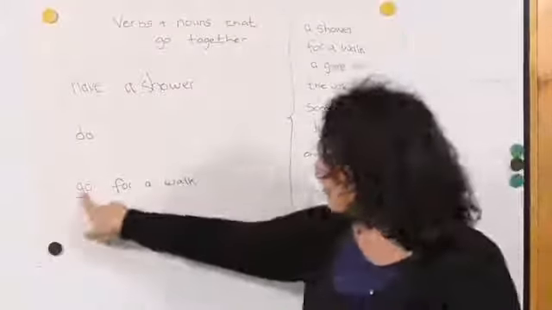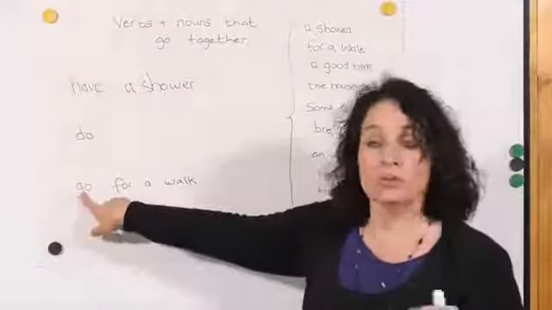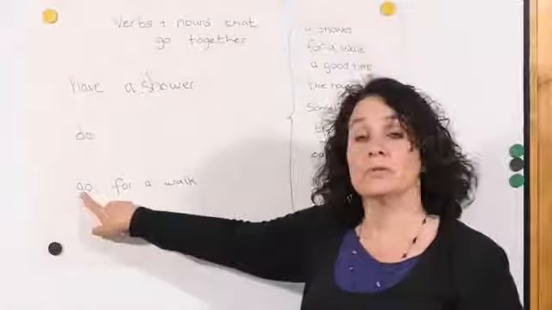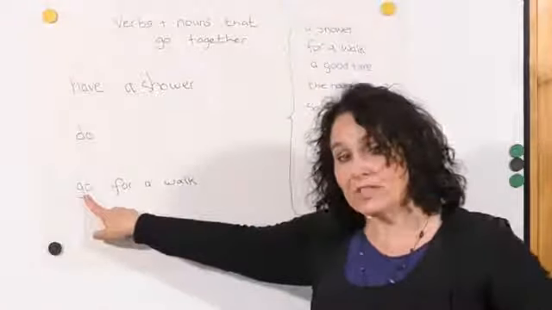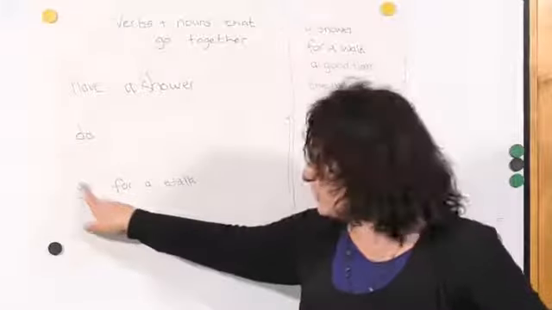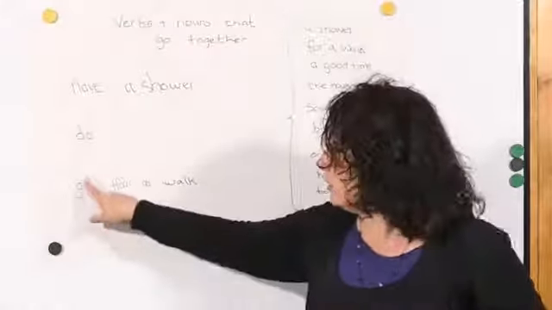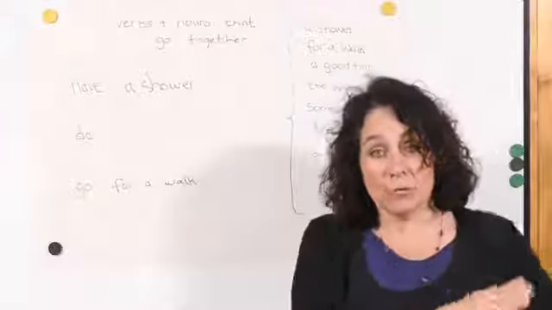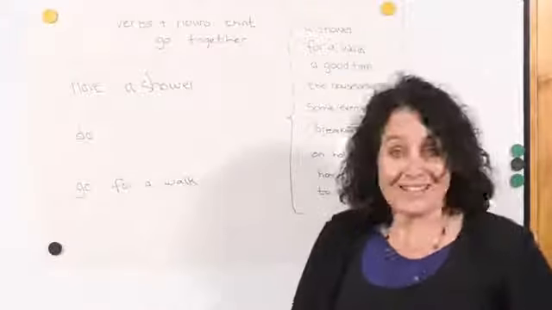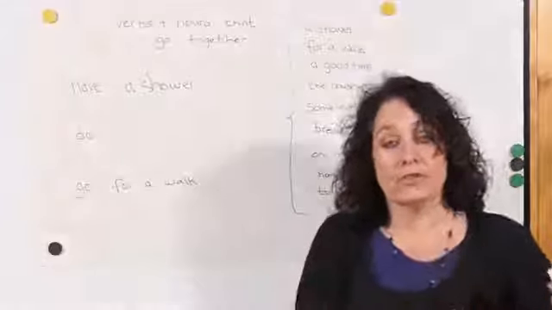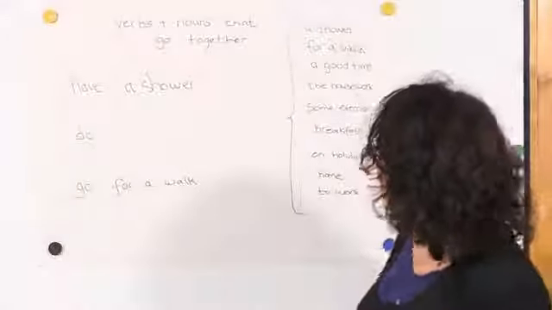So again, present form. So in the past, we would say, I went for a walk yesterday. So you would just change the verb to the past simple form, which is went, to talk about something you did yesterday.